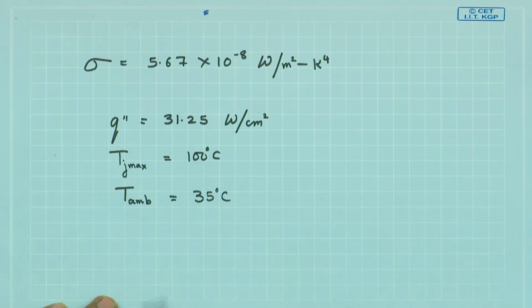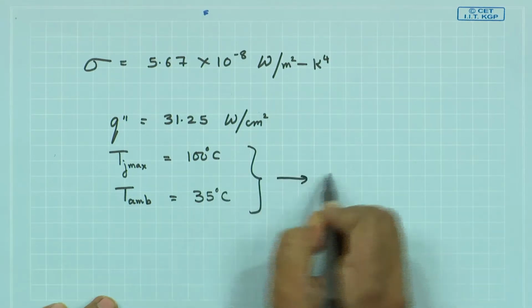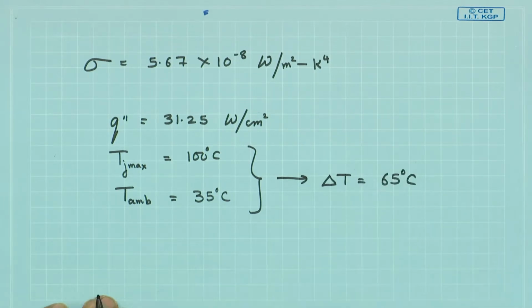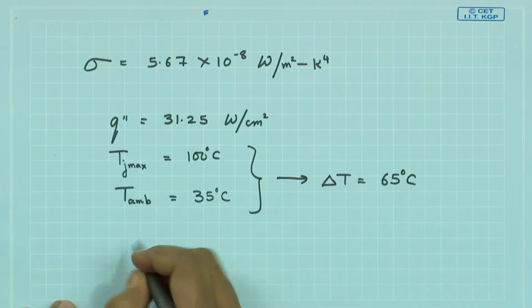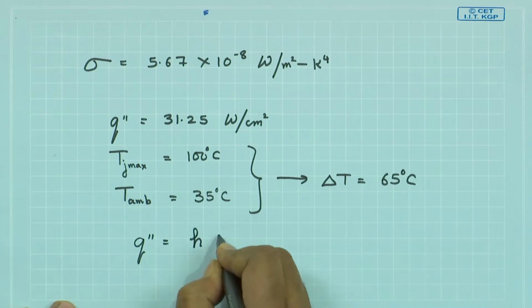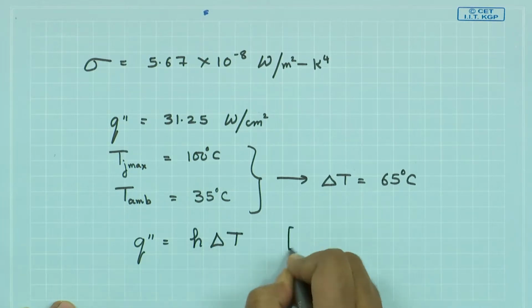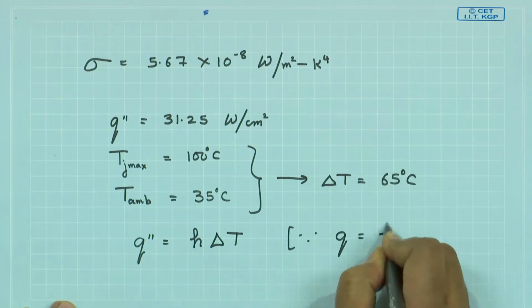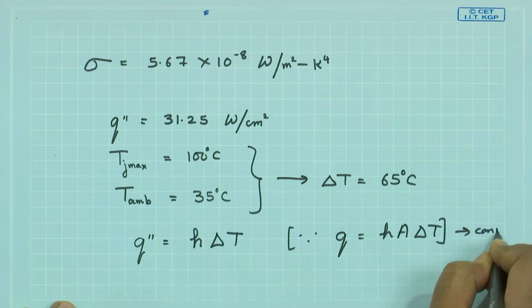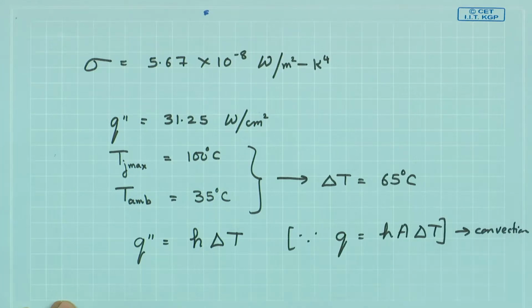Fair enough, which means I have a delta T of 65 degrees centigrade. Now, my Q double prime is what? H times delta T, because Q is H A delta T for convection.